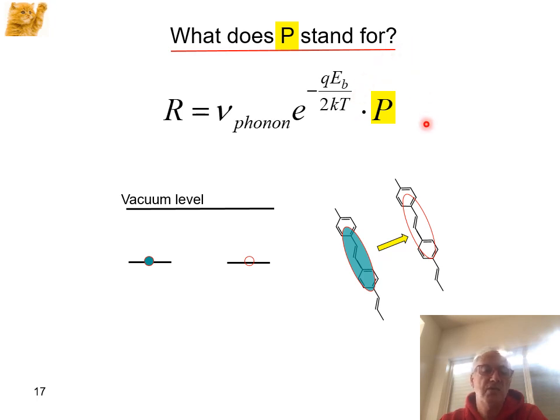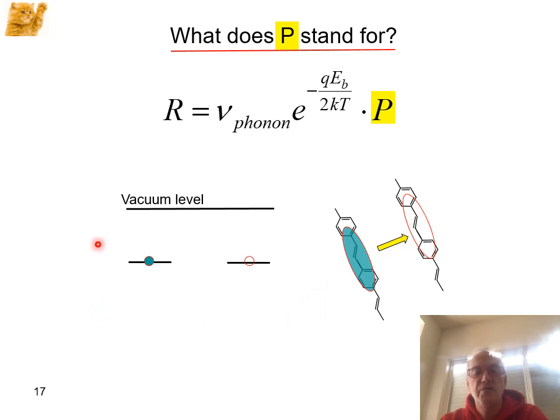It contains some kind of tunneling, but I thought that we should add a bit more to it. What P means is that we have the two molecules, which have come to a configuration which is the best there is for the charge to transfer, but then there is still this space between the molecules that the charge has to pass.